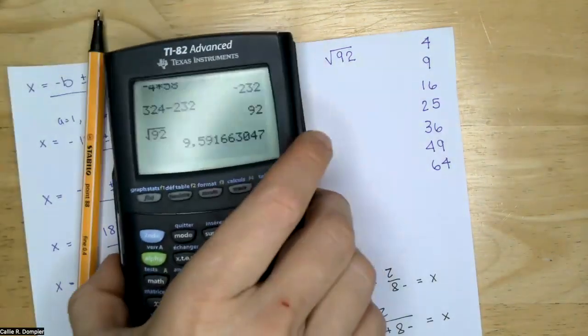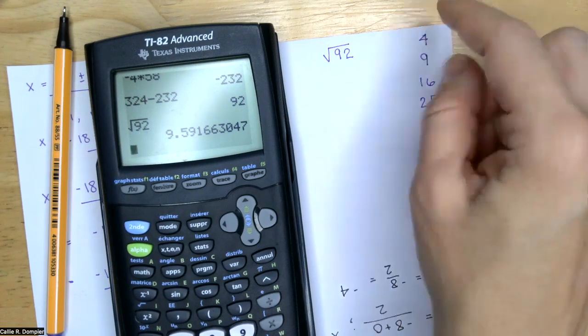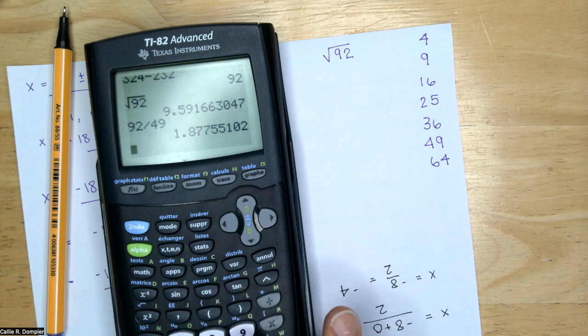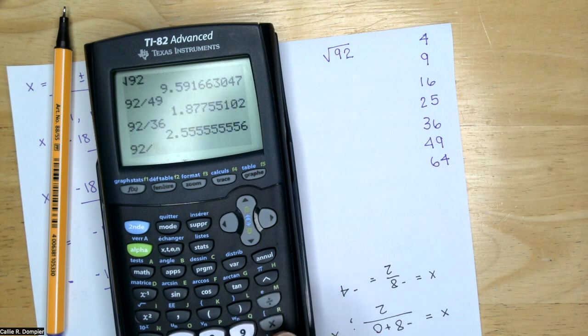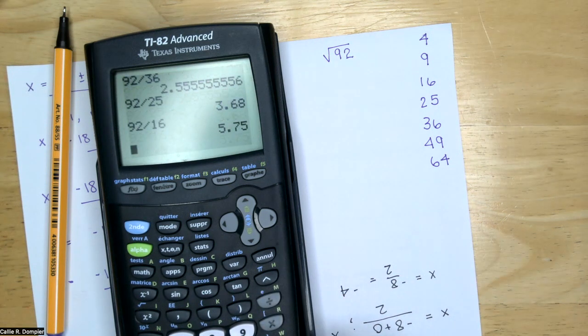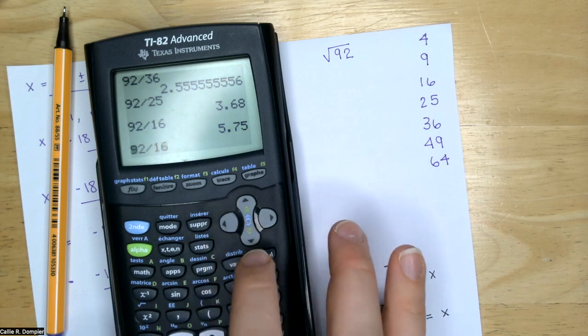9 times 9 is 81, but we are not going to be able to divide 92 by 64 or really 49. But now you want to take 92 and divide it by each perfect square to see if you can pull out any of the perfect squares, thereby simplifying 92. 92 divided by 49? No. 92 divided by 36? No. 92 divided by 25? No. Nope, just did 16.